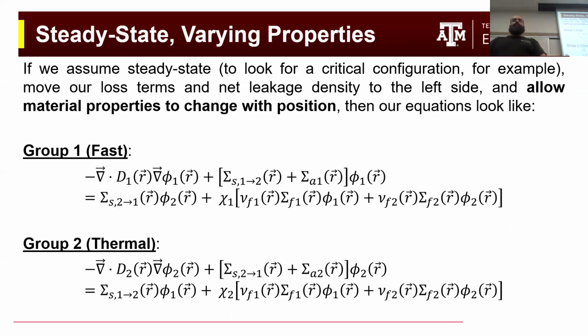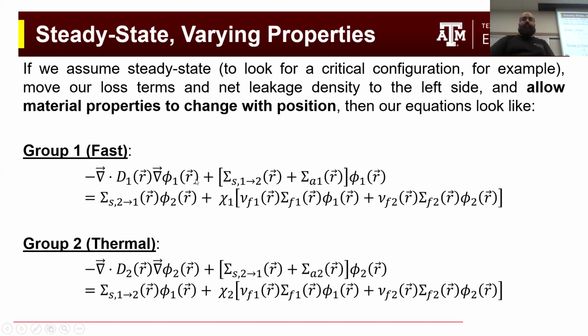If we wanted to, this is just rewriting those equations. We're saying that we're in steady state, so we're getting rid of that d by dt term. In the way that I'm writing this, if it's steady state, then there's no d by dt term, so I'm getting rid of the time argument on my scalar flux.